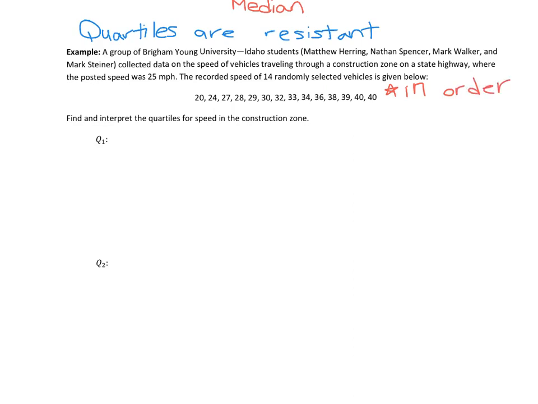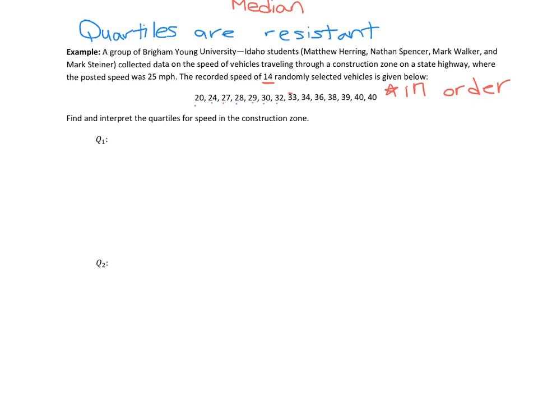Okay, so to find the median, we can go from the outside and work our way in since it's a relatively small data set. It's an even number, so to find the middle, we could divide 14 by 2, so that's 7, and we know the median would be the 7th and the 8th entry.